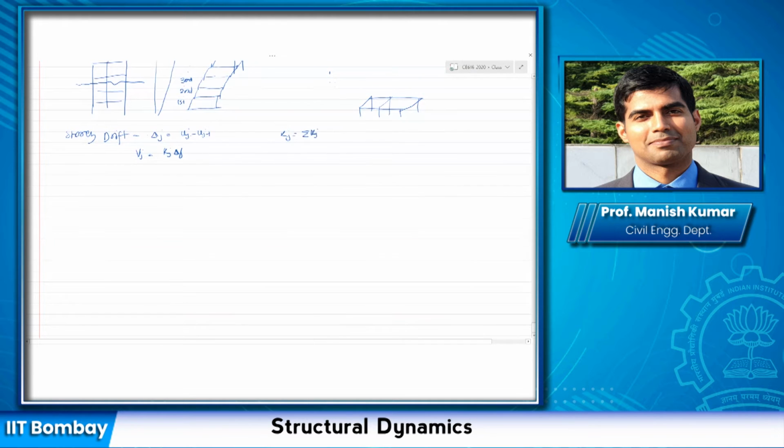Okay. And if you're considering fixed connection, then it would be the sum of 12 EI by L cube. So this is how the story stiffness is defined. If you multiply this with the story drift, you are going to get the story shear. Okay.